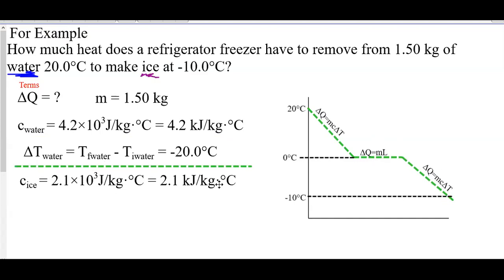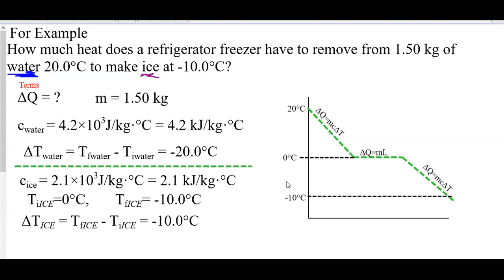So I need my specific capacity, 2.1 kilojoules per kilogram degrees Celsius, rather than scientific notation. The initial temperature of ice is going to be 0 degrees Celsius, and the final temperature of ice when I'm all said and done is going to be -10.